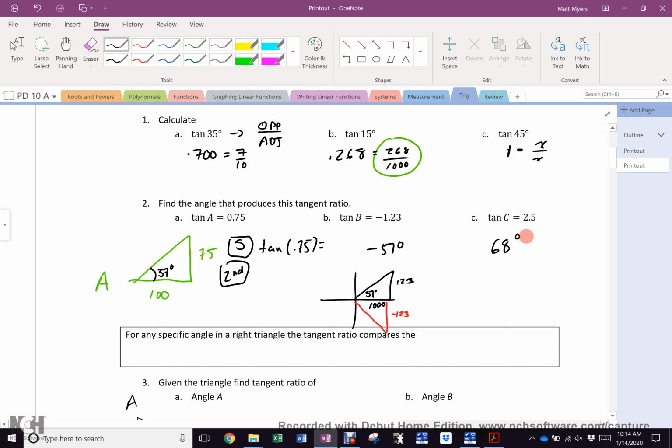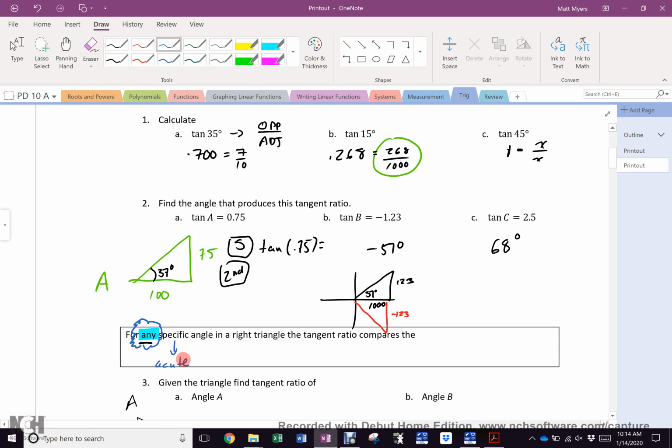Good. And lastly, what is C? 68 degrees. Good. Now, for any, please underline, highlight, circle any specific acute angle. This doesn't work for the 90.